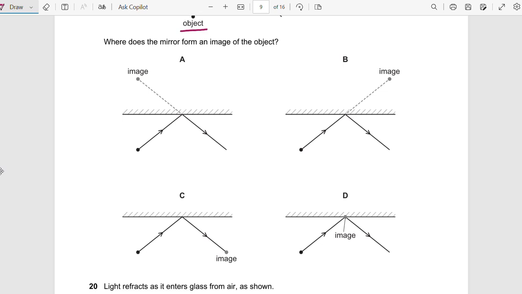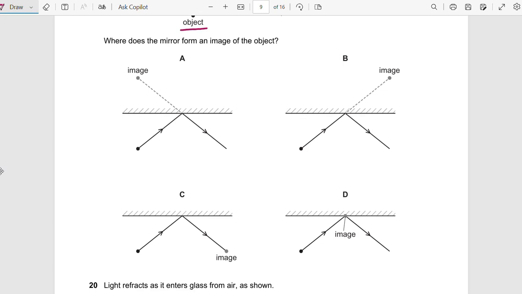So remember, as we said before, the distance of the image should be the same distance of the object. Okay, so obviously C and D are wrong, because also the image should be inside the mirror.